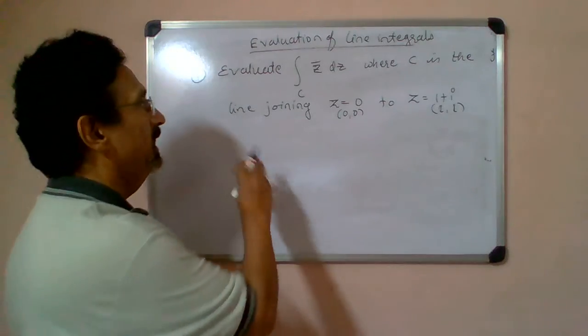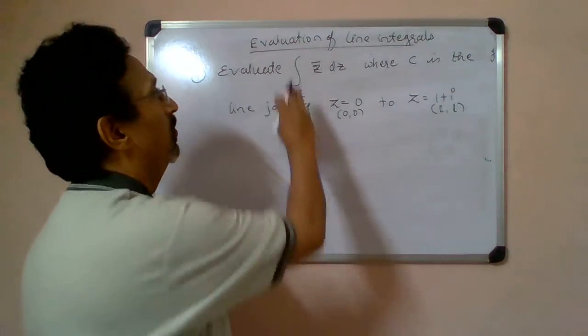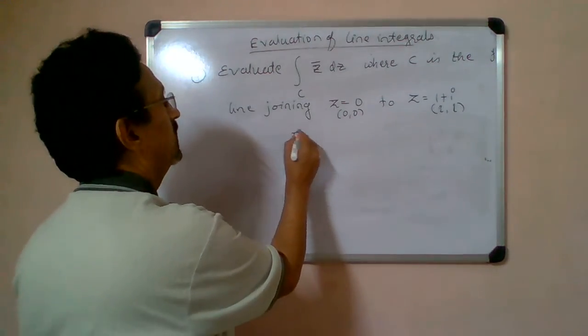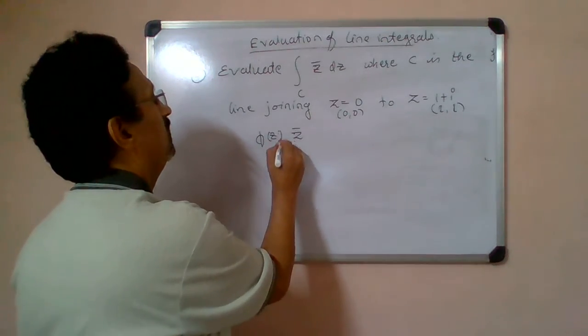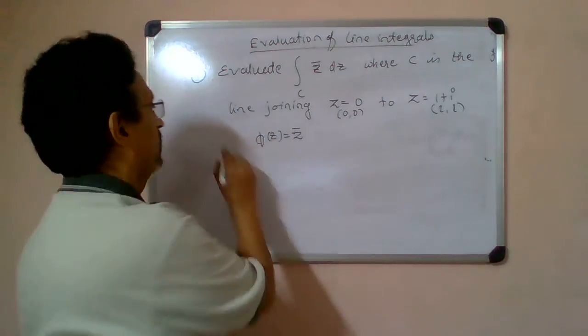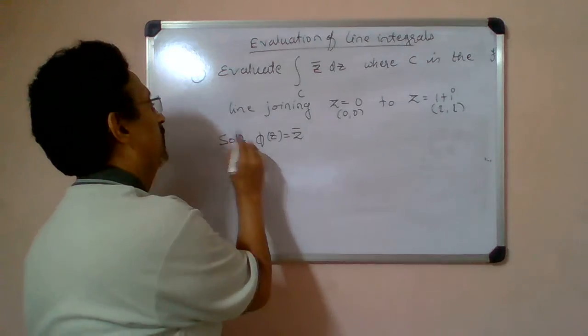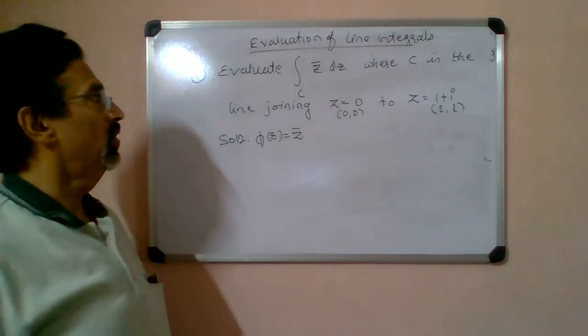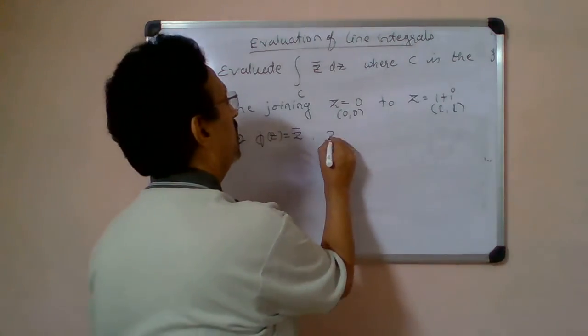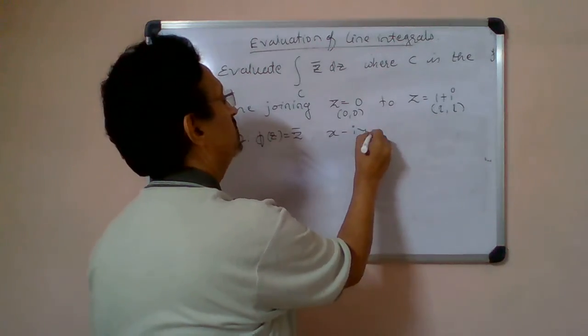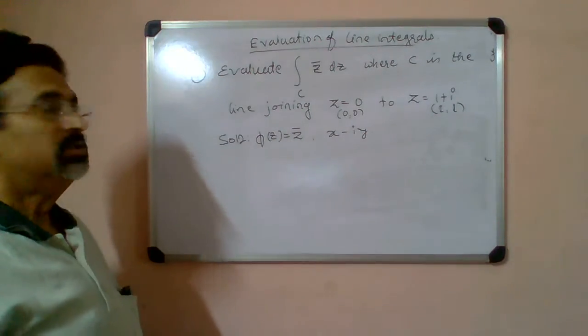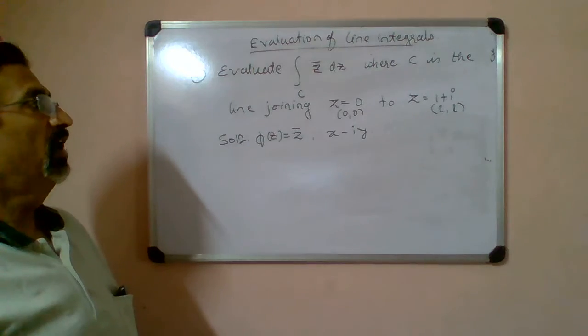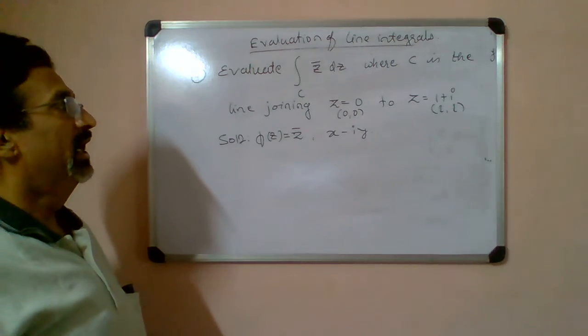So first let me find out the relation. Now, what is z bar? Solution. f(z) is equal to z bar. That means it is x minus i times y, because if z is x plus i y, z bar will be x minus i times y.